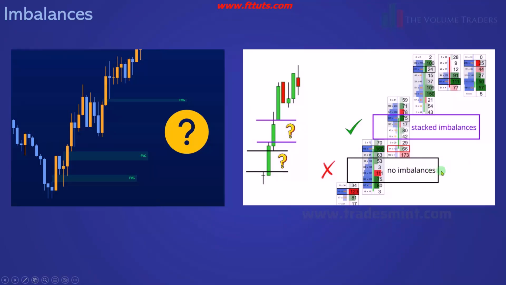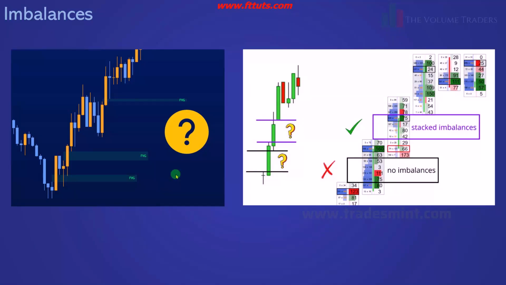Someone could place a limit order here, and then the price broke this. Was that a fair value gap? No, this is just a simple candle with a normal move, normal auction, just the buyers were very strong. Here on this candle they were 10 times stronger, so yes, that was the fair value gap.